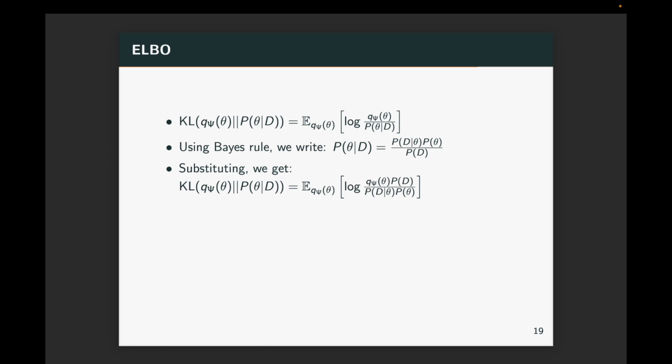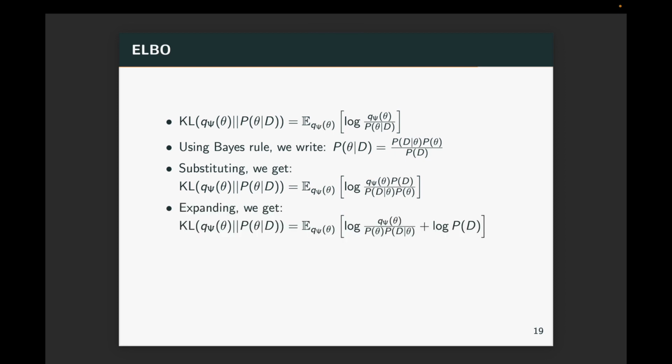Now we can break down the log of this multiplication: log of A times B we can write as log A plus log B. And now the expectation we want to compute is over two terms, so we can break it by the linearity of expectation. What is the expectation over log of P of D? The same, because P of D is independent of psi.